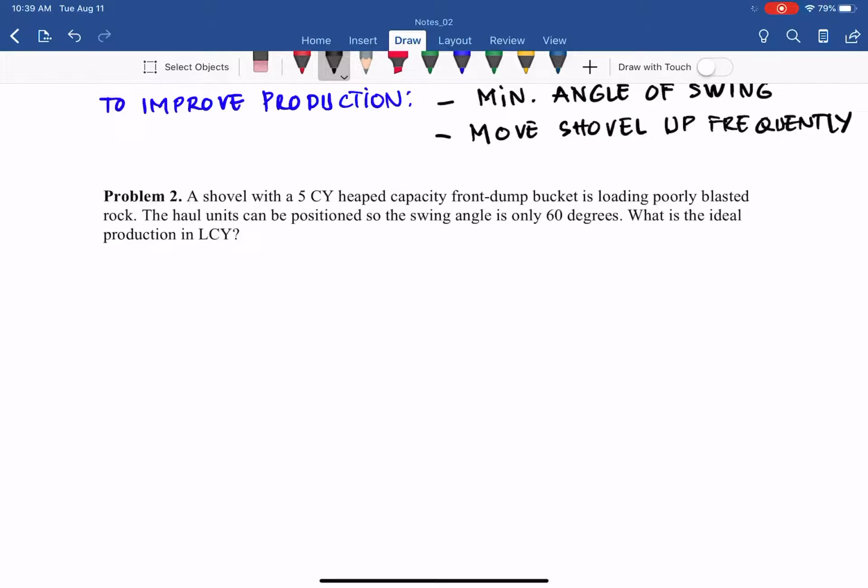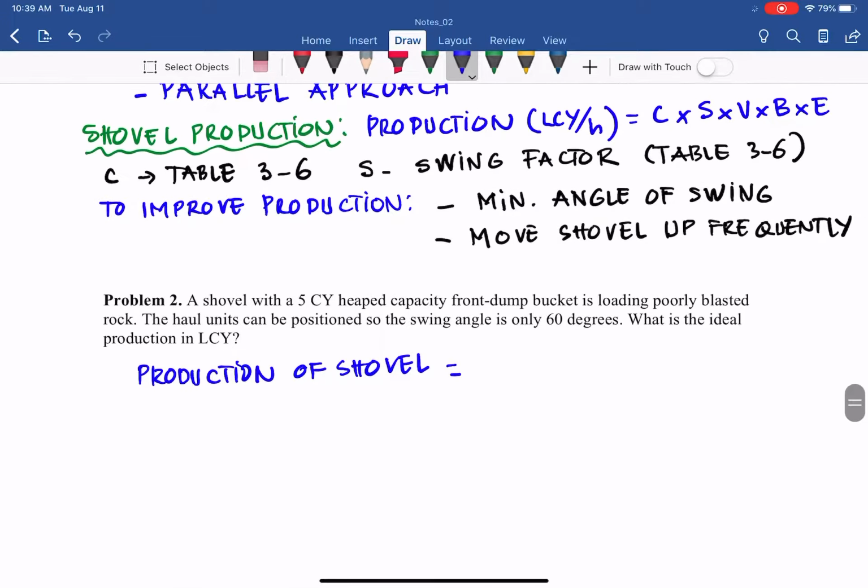What is the ideal production in LCY per hour? From that we can have the equation, right? Production of shovel equals C S V B E.